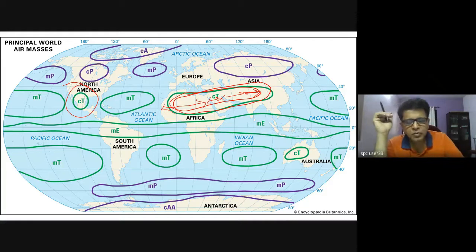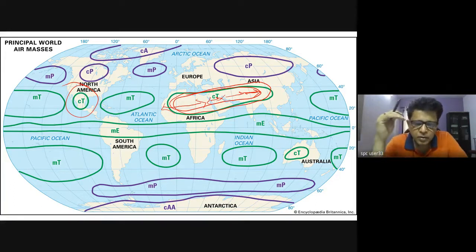Once we speak about the latitudinal extent, the geographical extent, we come down a bit as far as the scale is concerned, and we see the source based on the surface below. If it is land, we said it's going to be called continental.